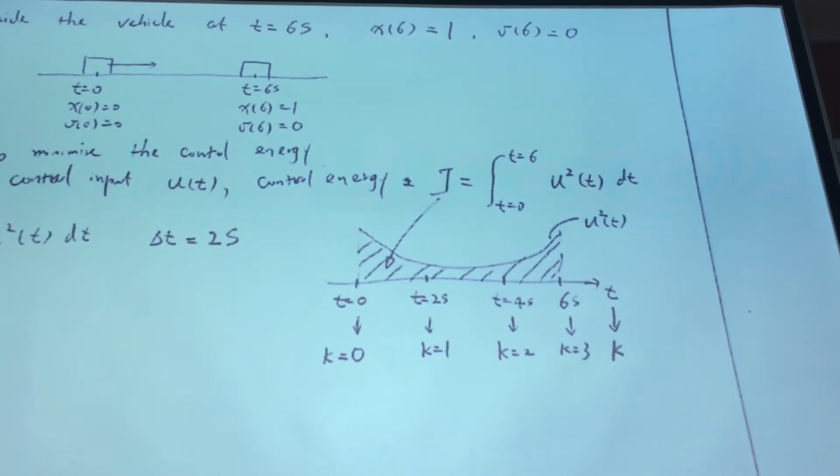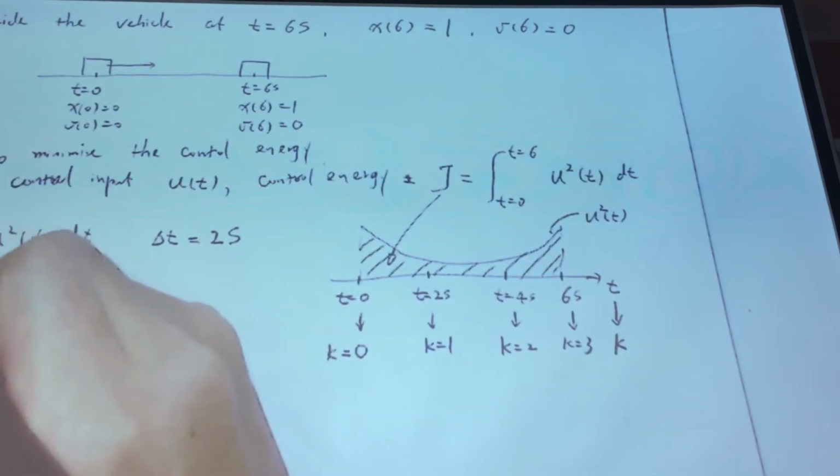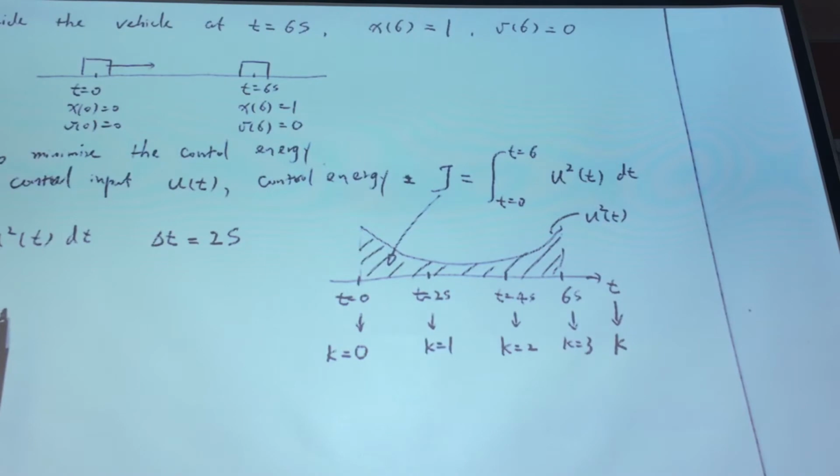Now we may discretize the cost function. The cost function is approximately equal to, there will be three points.